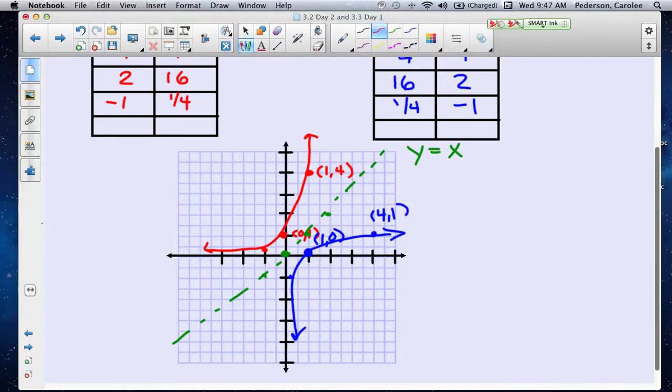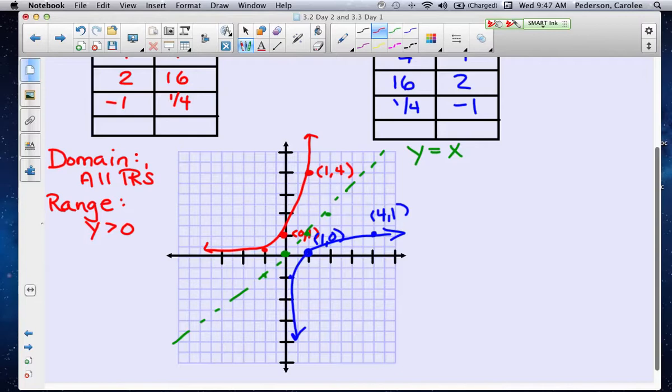So let's talk about the domain of the red one. What's the domain of the red one? What type of numbers can I plug in for x? All reals. We learned about that when we graphed a couple days ago, that exponential functions have the domain restriction of nothing. What is the range? What type of numbers am I getting out? Greater than 0. Yep, y greater than 0.